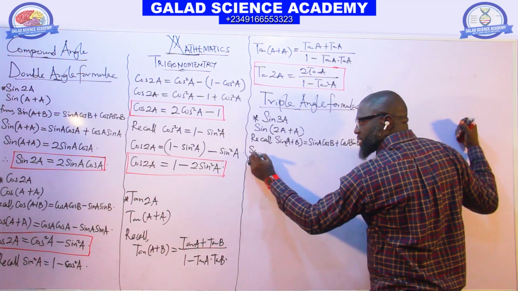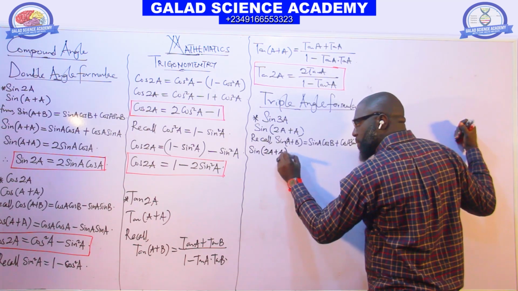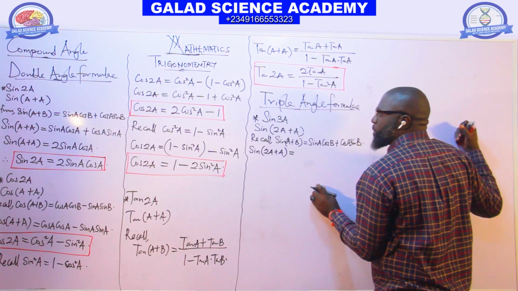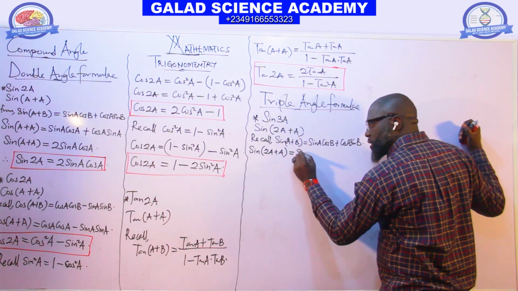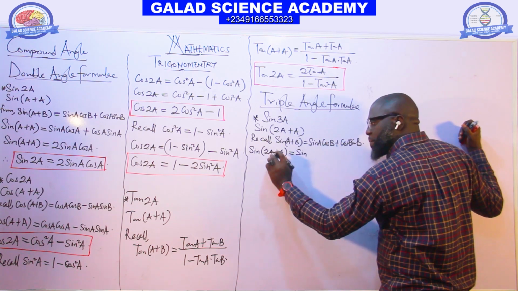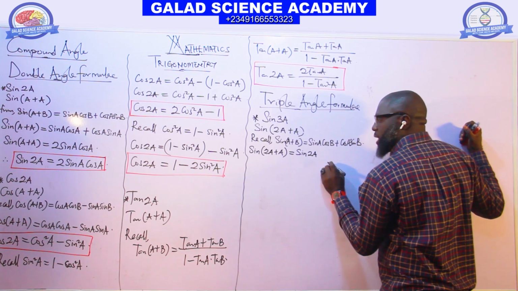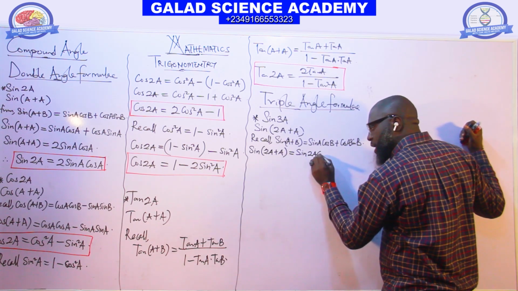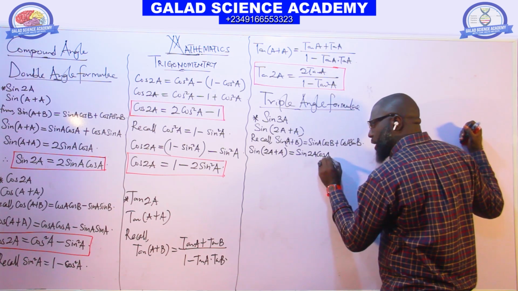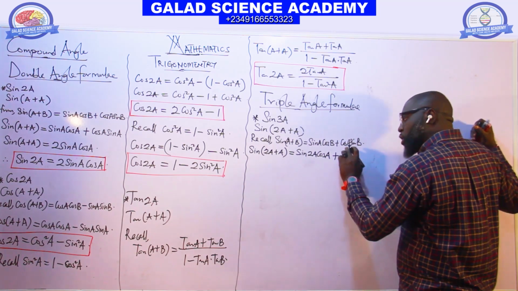You can now have sine of 2A plus A here. For the first term, instead of sine A, my A here is 2A, so you put 2A. Cos B is cos A, plus cos A.